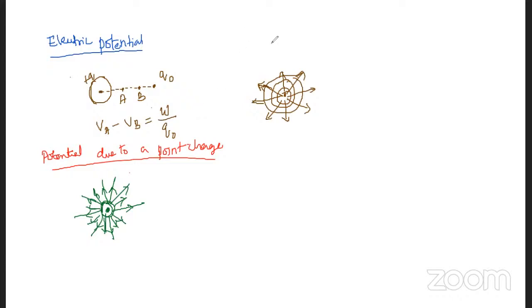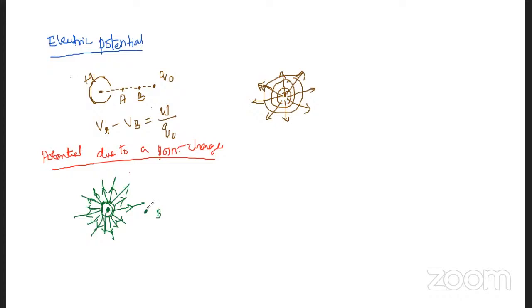So here we take a point B. It is situated at a distance of small r_B from the charge Q.